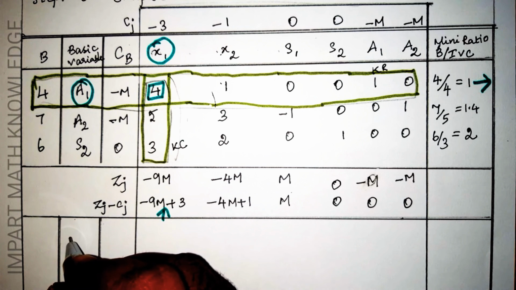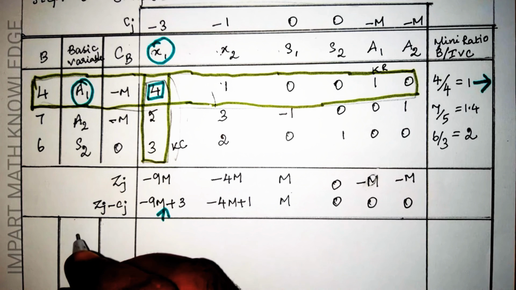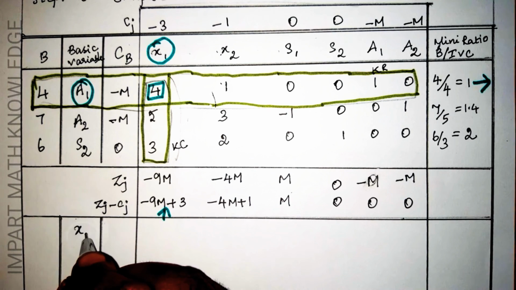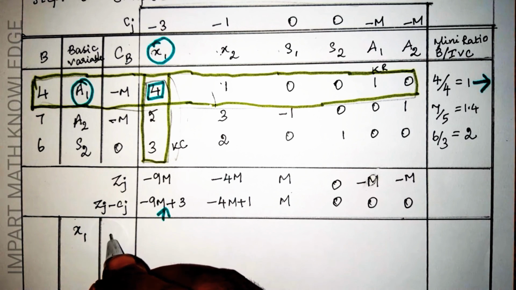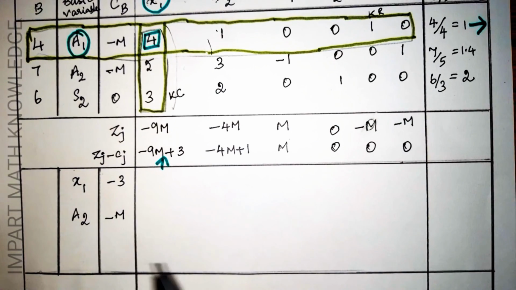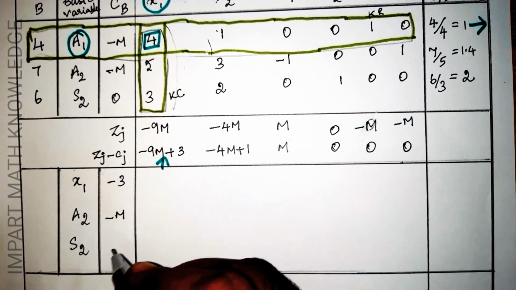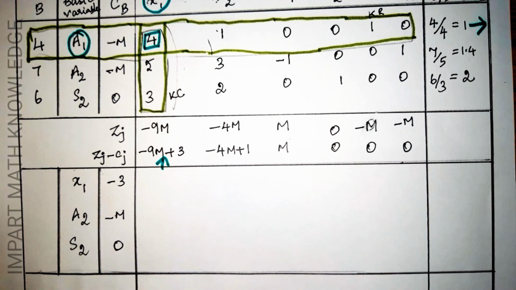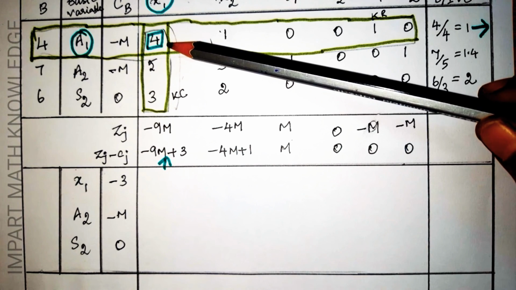A1 leaves the table, so in the place of A1, you write x1. For x1 the cost is -3. Then A2 has no change, you write as it is, and S2 has no change, you write as it is. Now we want to make the pivotal element 1.